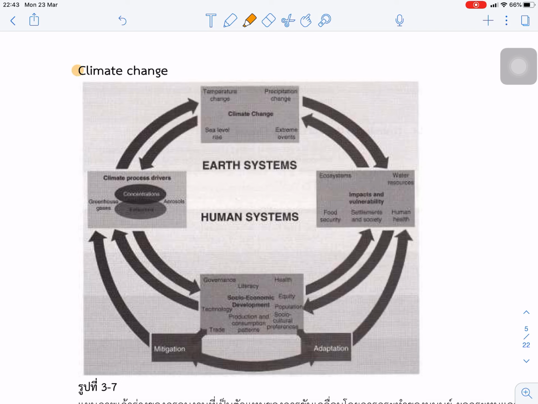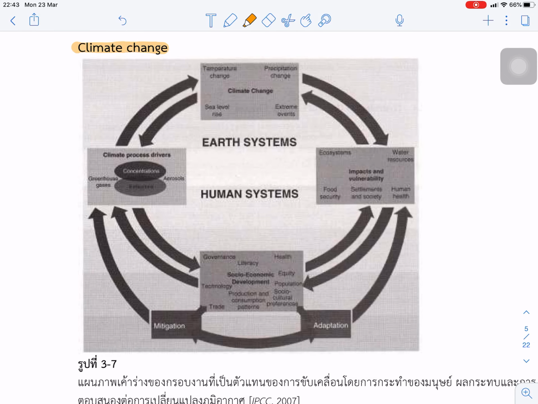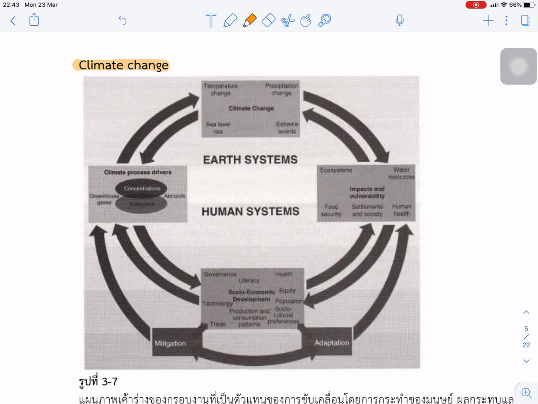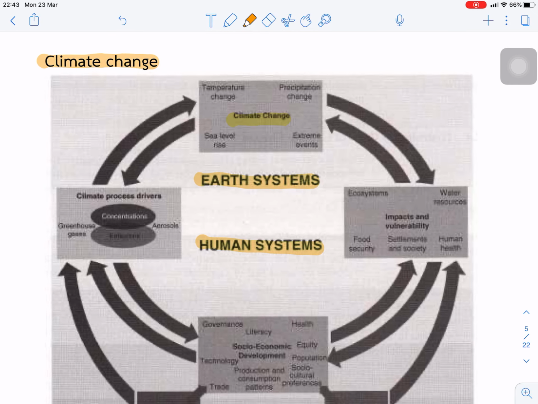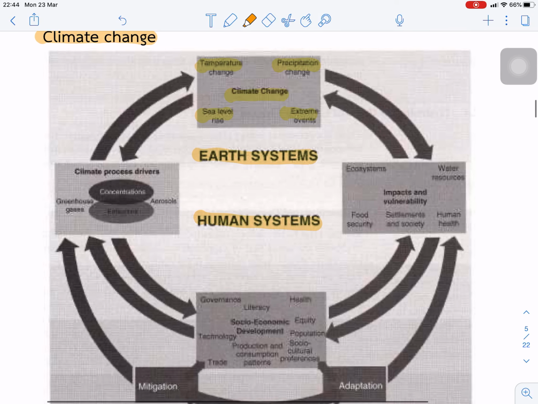We often hear about climate change. So what is climate change, and what is the impact of climate change? This block diagram shows the interaction between the Earth system and the human system. For the Earth system, there is climate change, which can be temperature change, precipitation change, sea level change, and extreme events.